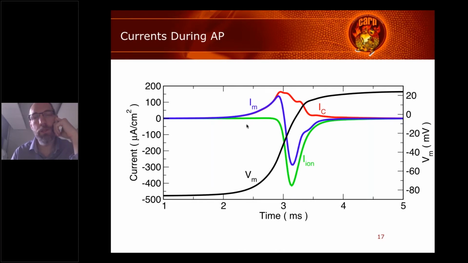The total current crossing the membrane is the blue curve, which is a simple biphasic curve. The current flowing through the ionic channels is the green curve. And then the difference, obviously, has to be the capacitive current, IC, which has to be the derivative of VM because of the capacitor.